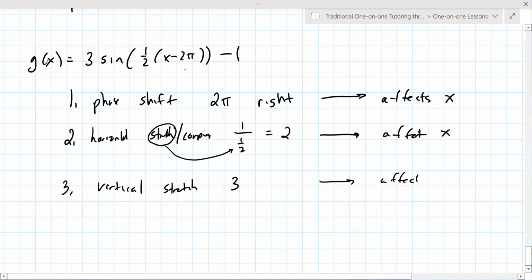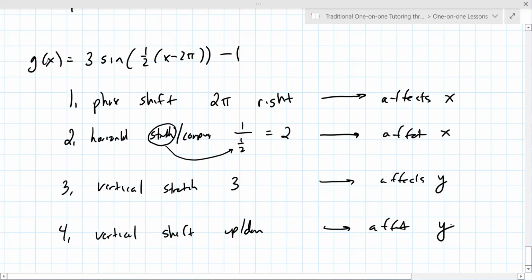So notice the stuff on the inside affects x, the stuff on the outside affects y, and then the last is the vertical shift, up or down. So this affects the y.